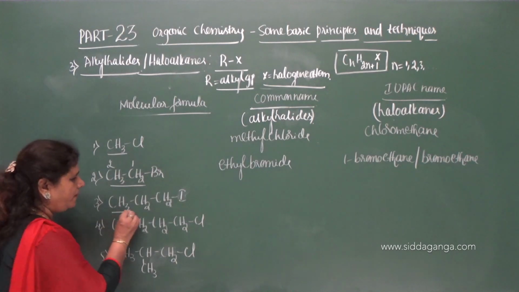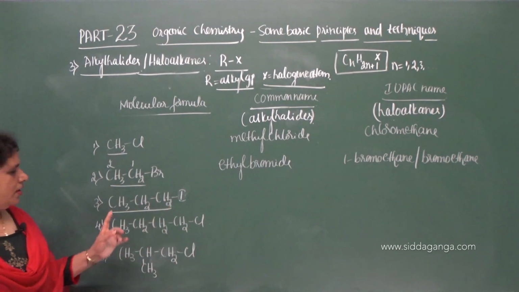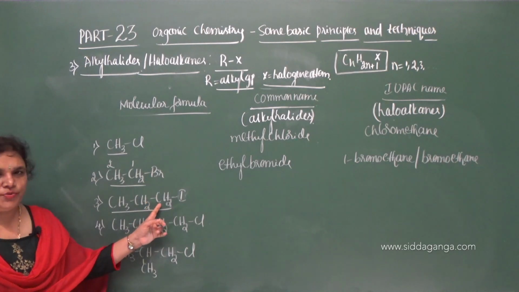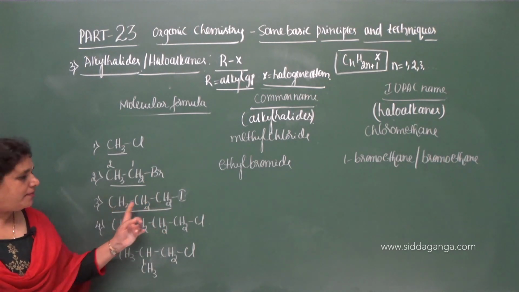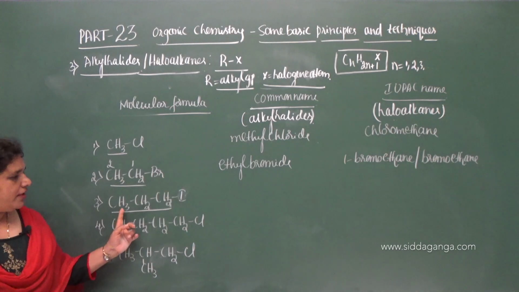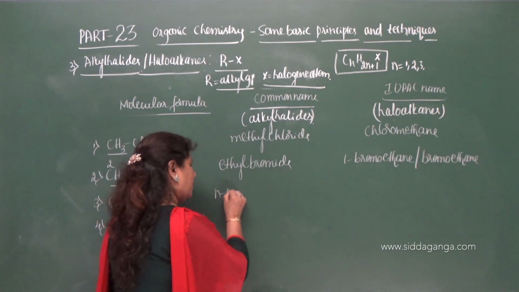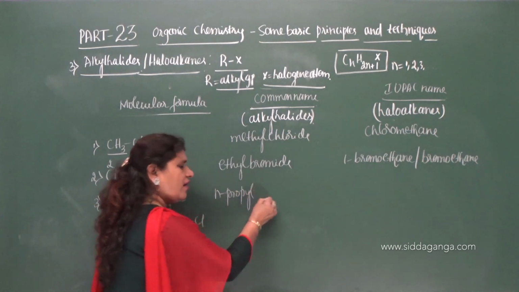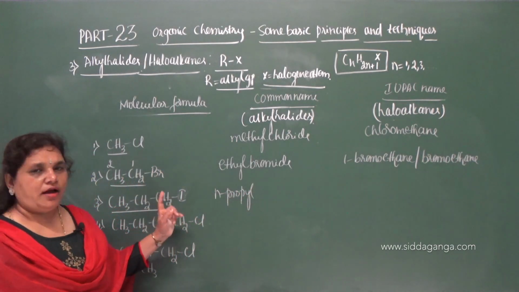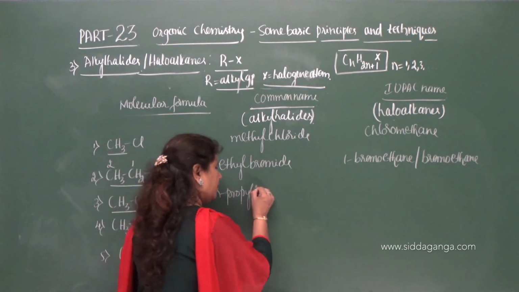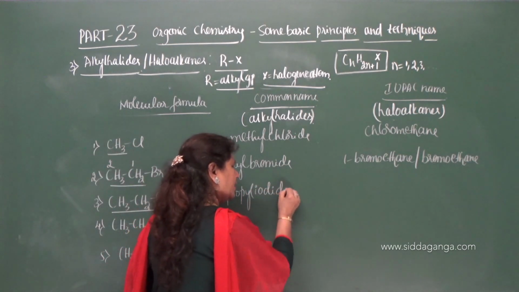Now what is this group? CH3, CH2, CH2. Propyl group and the carbon chain is straight. Therefore it is n-propyl. That is the name of the alkyl group, n-propyl. Iodine is there, n-propyl iodide.